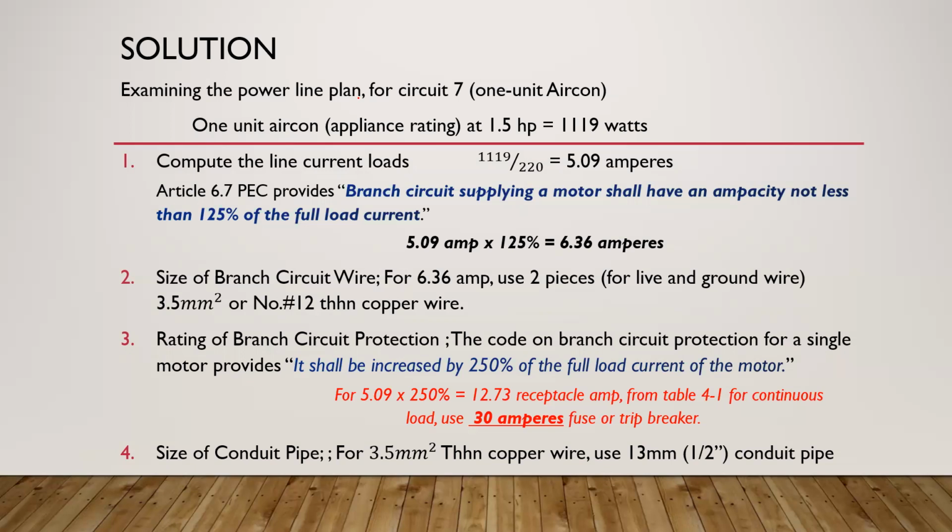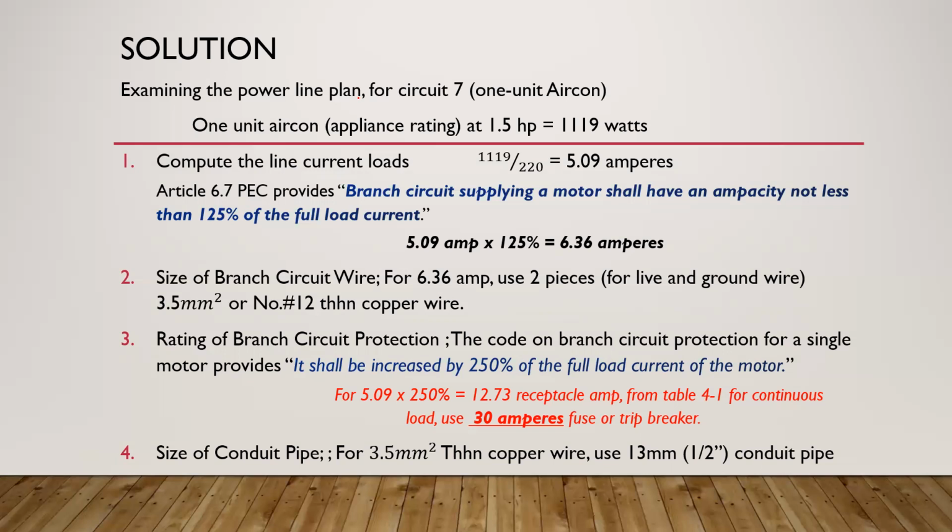Okay, since we have additional codes or regulations for aircon, or heavy motors, that we compute or consider. From Article 6.7 of PEC, it provides that a branch circuit supplying a motor shall have an ampacity not less than 125% of the full load current.